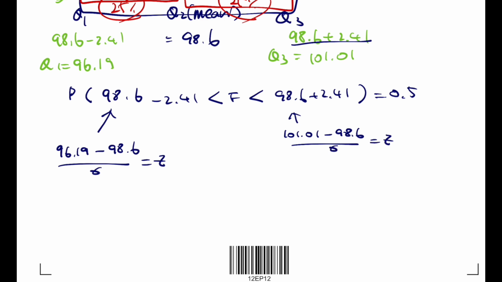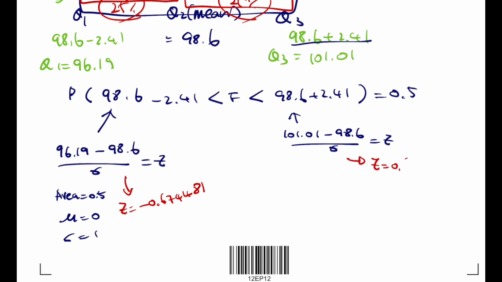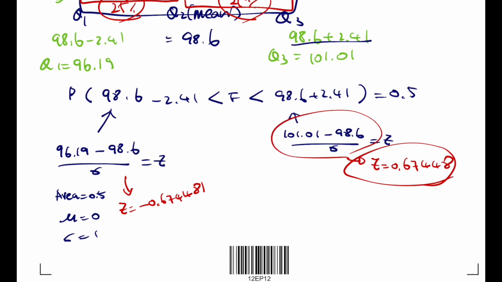It doesn't matter which side you use, but we can say the area is equal to 0.5, mean is 0, standard deviation is 1, and using inverse norm, we can calculate the left side Z value as negative 0.674481, right? For the right hand side, we calculate the Z value as 0.67448.